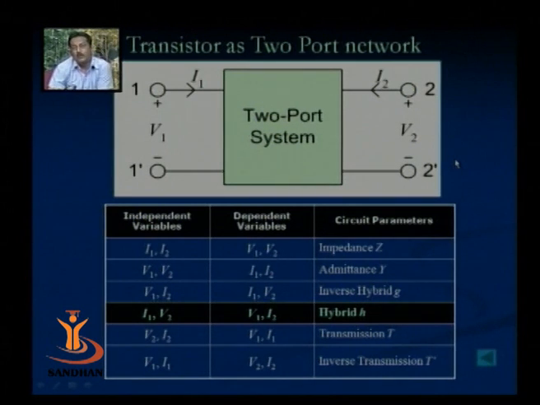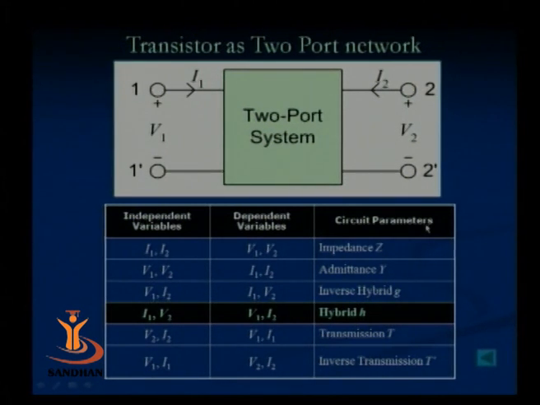Now we can relate all these four variables in different ways. There are 6 different ways in which we can arrange these 4 variables, while keeping 2 as dependent and 2 as independent variables.